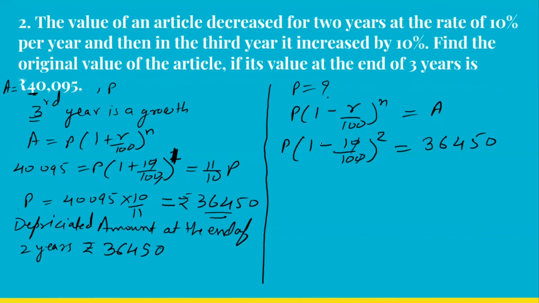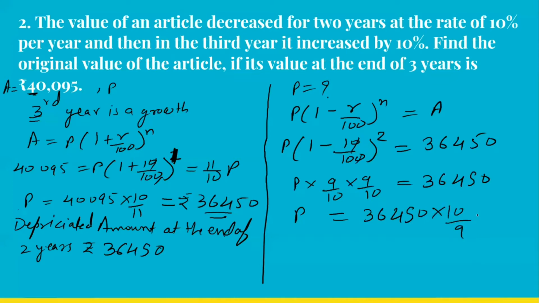So we get 10 minus 1, which is 9. So we get P into 9 upon 10 into 9 upon 10 is equal to 36,450. So you get P is equal to 36,450 multiplied by 10 by 9 into 10 by 9. Simplify this and you get rupees 45,000.